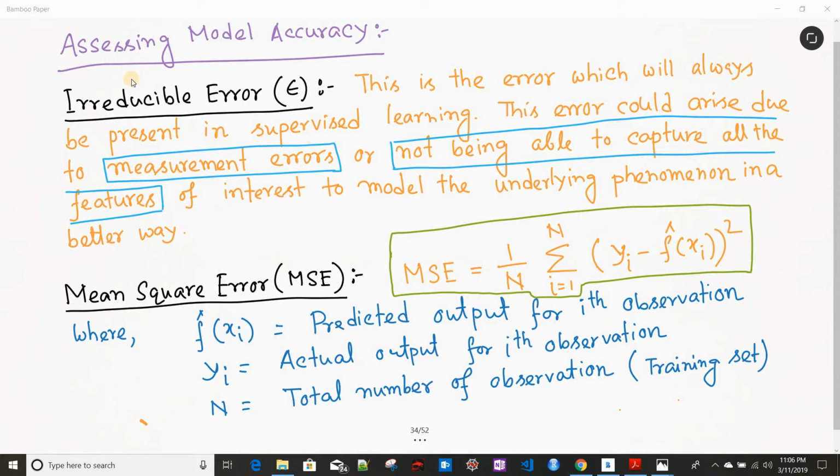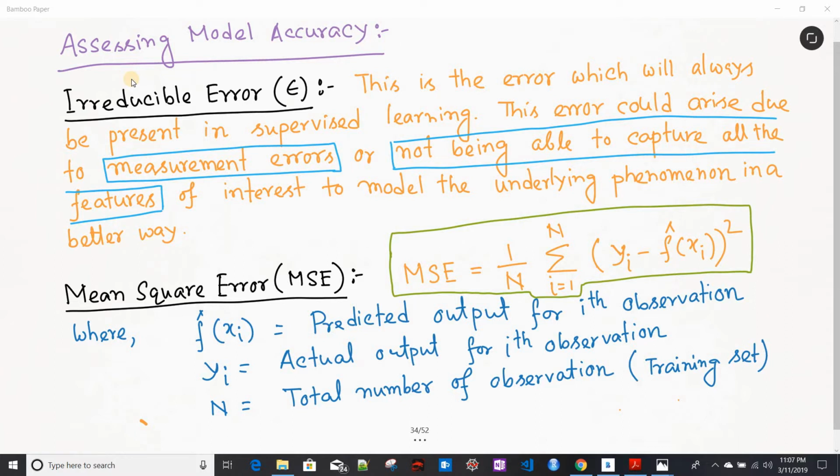Okay, so irreducible error means when we prepare the data, sometimes it may happen that we may not be able to capture some of the features which have a better impact on the output function. It could also happen that when we were preparing the data, there could be a measurement error as well.